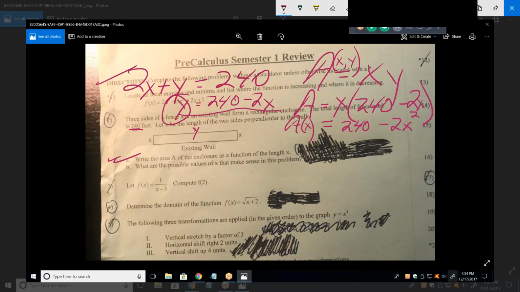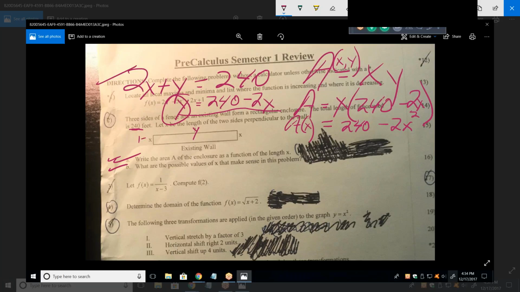Okay. What are the possible values of x that make sense in this problem? Is there any values of x that don't make sense? Anything greater than 240? Anything greater than 120? I guess that's true.